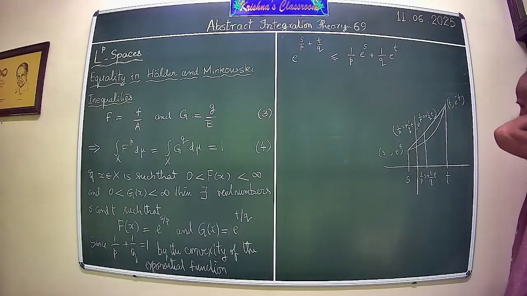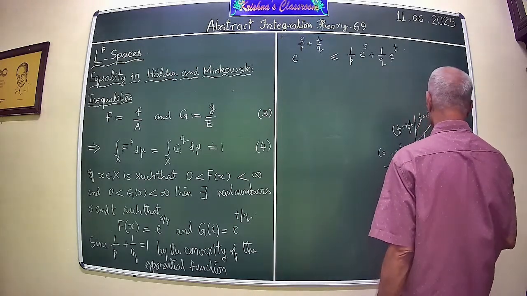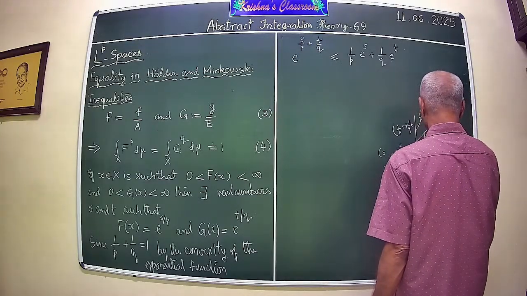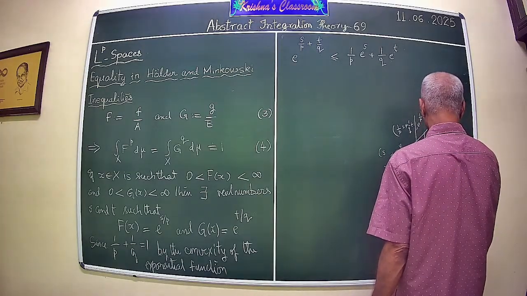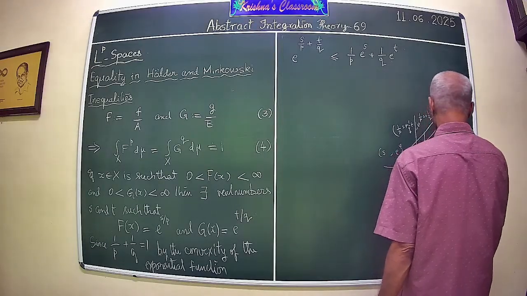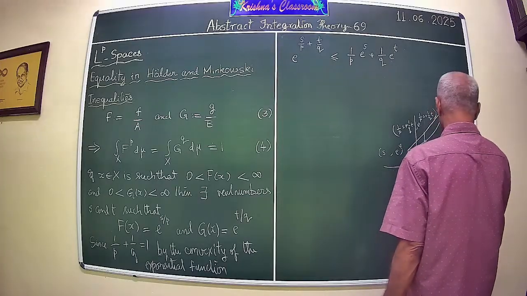And you see that this point has coordinates 1 by p s plus 1 by q t, and the height is e to the power 1 by p s plus 1 by q t.